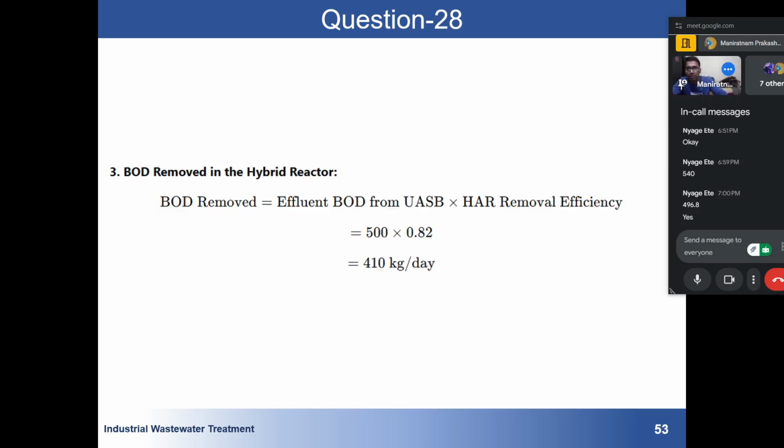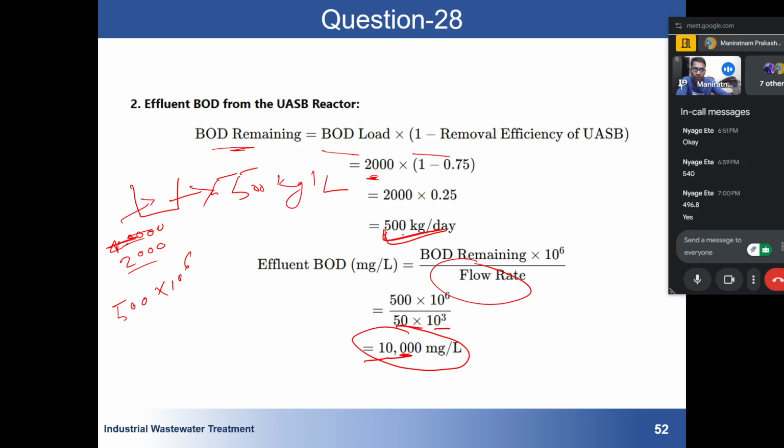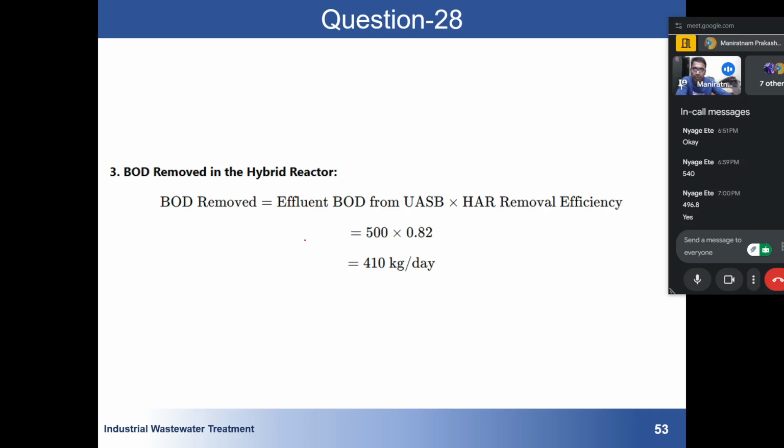Now remember that after this, the concentration is going into the HAR. So the HAR effluent BOD will be 500 into 0.82, so this much is being removed.